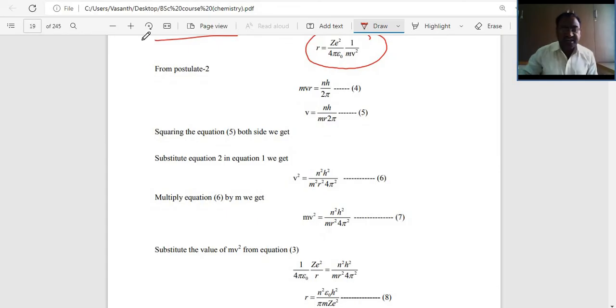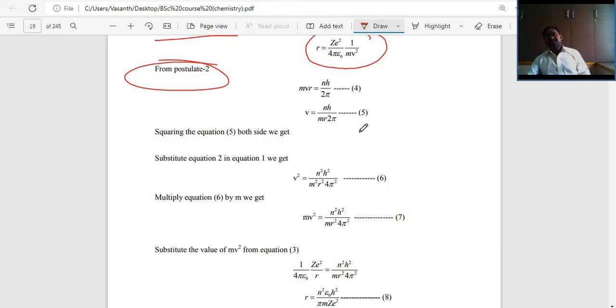Next we consider the second postulate of Bohr's atomic theory. The angular momentum is equal to an integral multiple of nh by 2 pi, so velocity is equal to nh by m into r into 2 pi. Squaring the equation on both sides and substituting in equation 1, we get v square is equal to n square h square by m square into r square into 4 pi square.